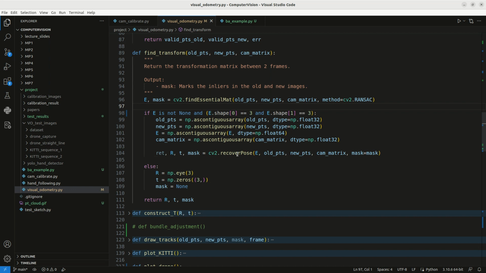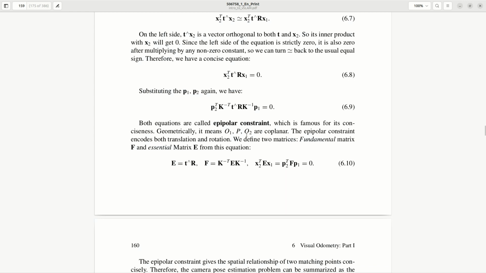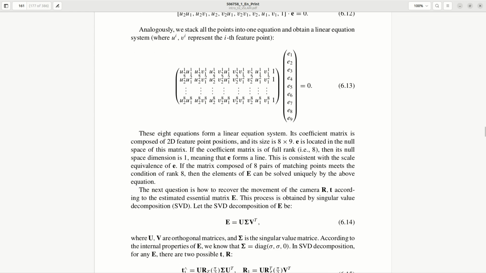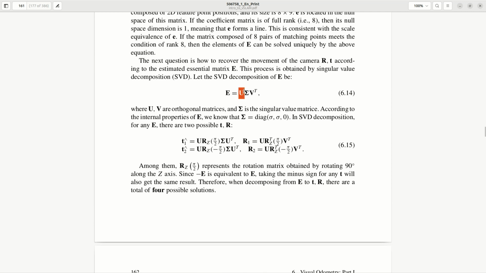So the next step, this recoverPose, what it is doing is we want to perform singular value decomposition in order to get the rotation and the translation matrix, right?